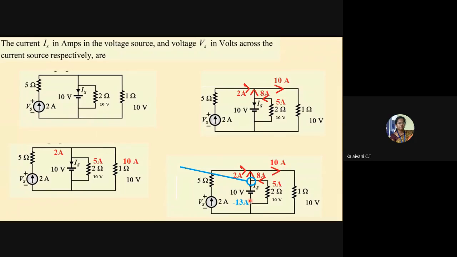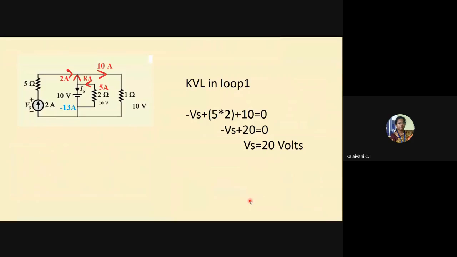Next we have to find the VS value. To find the VS value, we will go for the KVL in loop 1. So minus VS plus 5 into 2 plus 10 volt will be equal to 0. So we can solve this and find VS is equal to 20 volt.